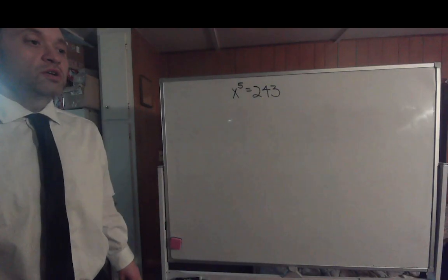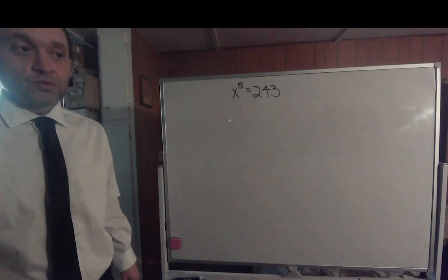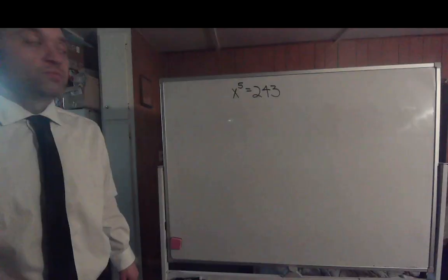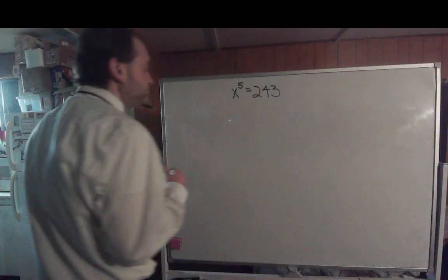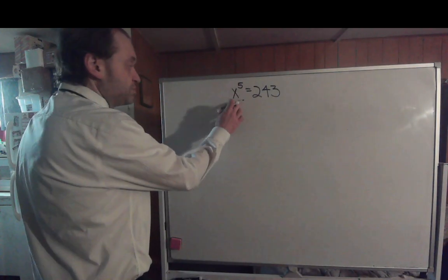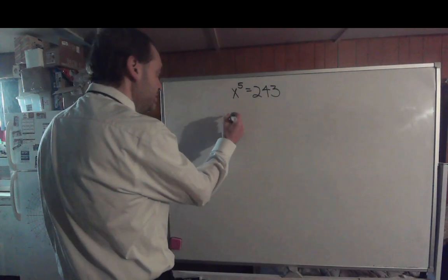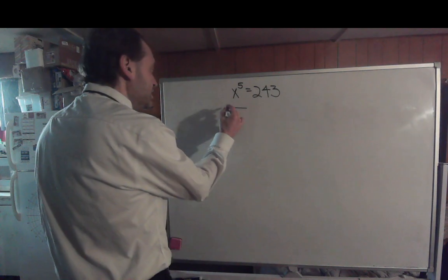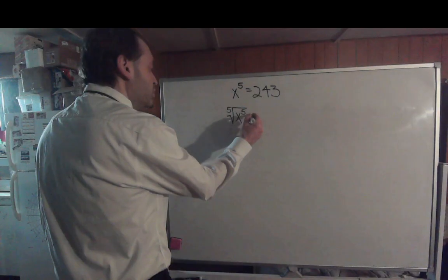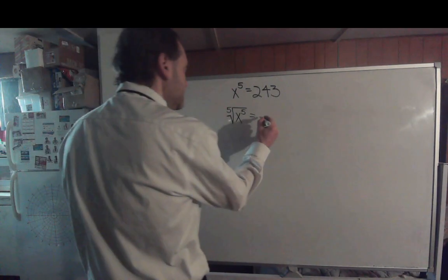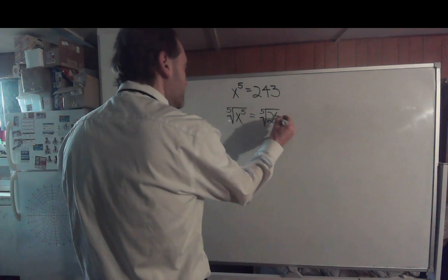Well, when we're finding roots, at least for now, we only care about the real solutions. So to get x by itself, you're going to take the 5th root of x to the 5th, right? But what you do to one side, you got to do to the other. That would equal the 5th root of 243.